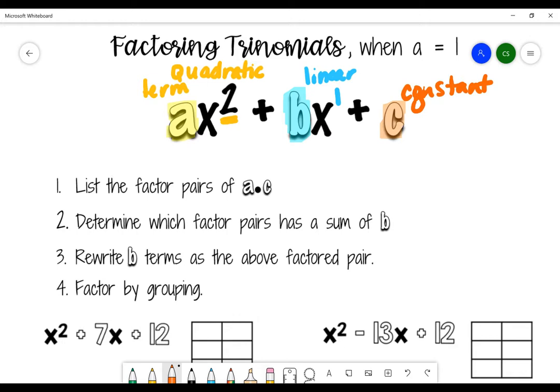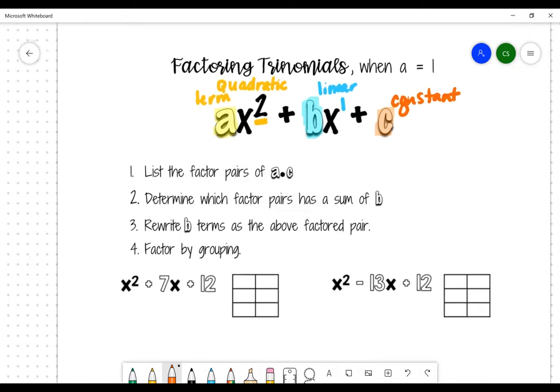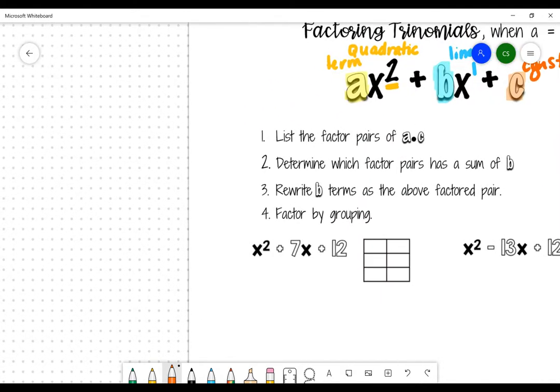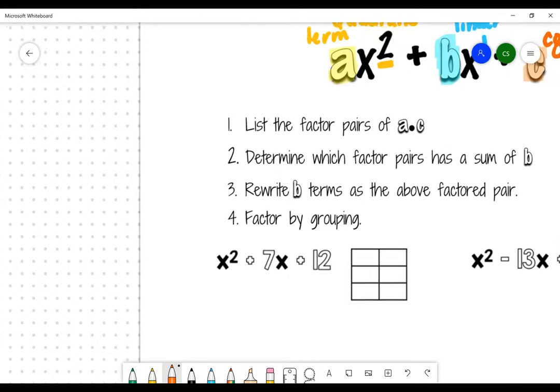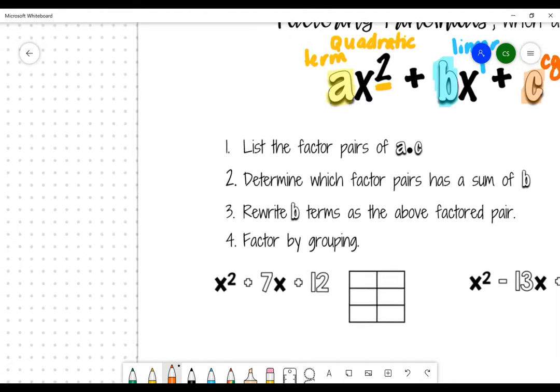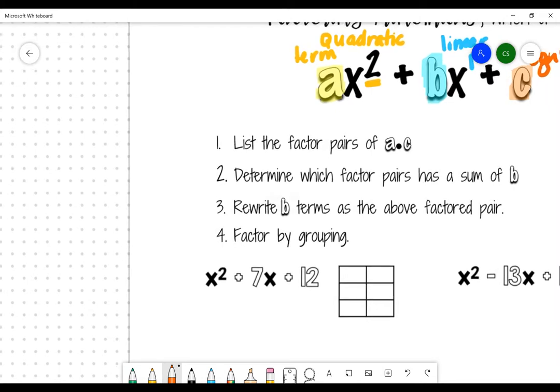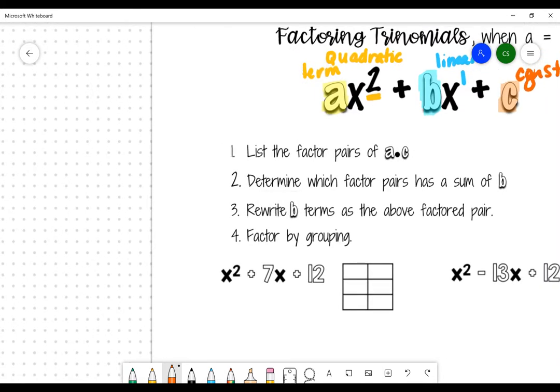So to factor a trinomial in standard form, I have a couple of things to follow. All right. So x squared plus 7x plus 12. I need to identify what my a, b, and c values are.